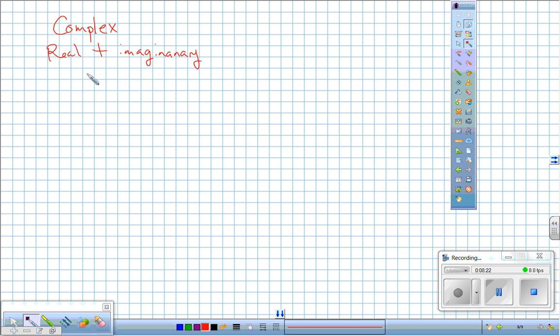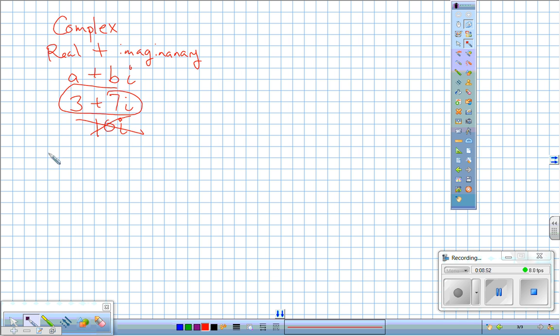But a complex number in generic form looks like a plus bi. So a would be your real piece, and your imaginary piece would be your bi. So, for example, they use 3 plus 7i. I cannot write 10i. This is not at all what it is. This is as simple as it gets.